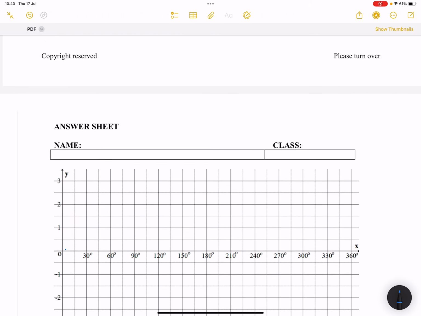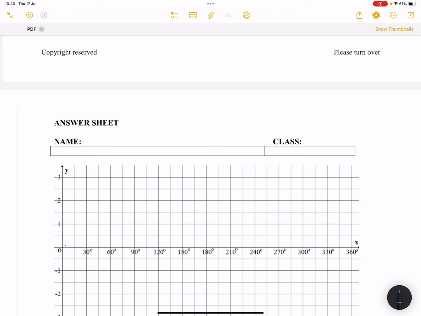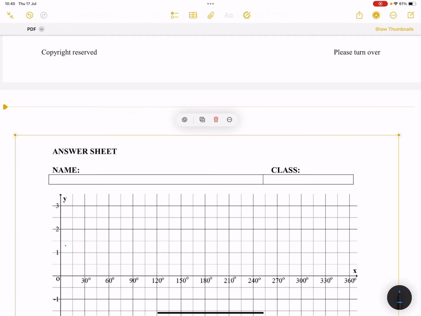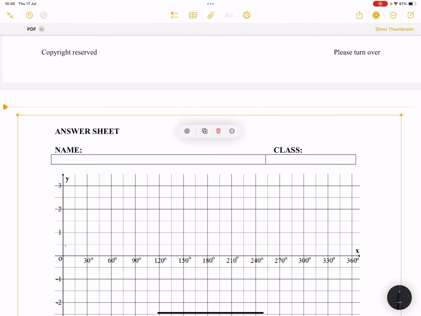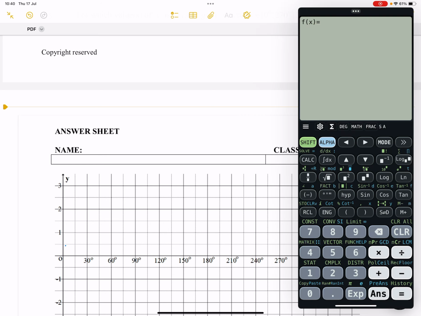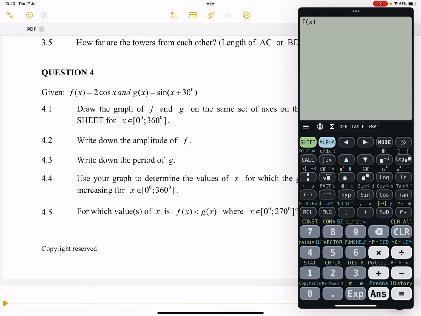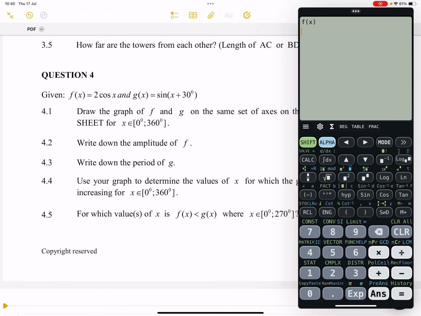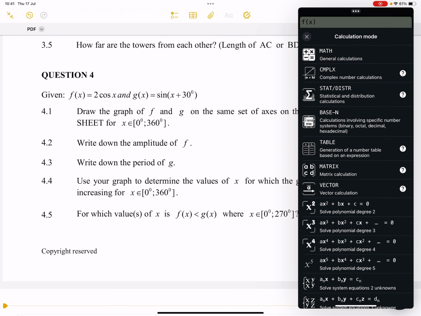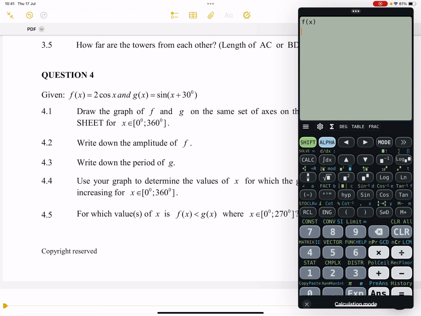Right, so there we've got our answer sheet. What you would normally do is go to your calculator. Most of you are using Casio, right? So you go to mode, you choose table, and my first f of x is 2 cos of x. So you press alpha and x over there.